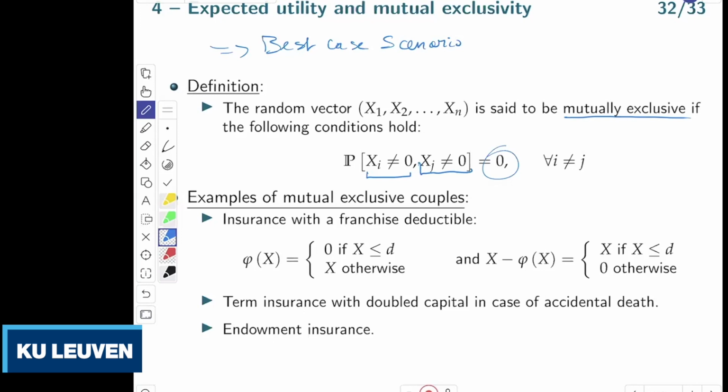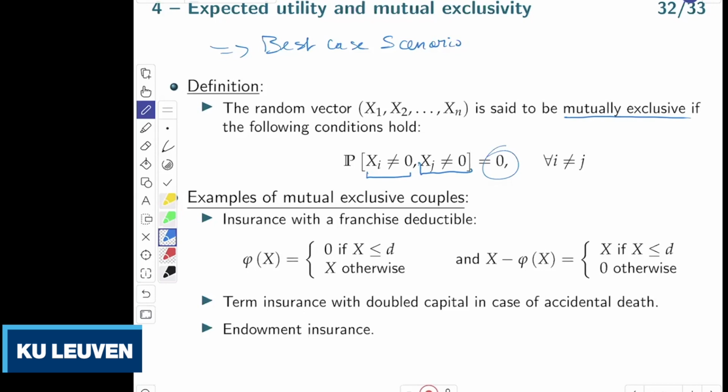And later in this course, we will talk about comonotonicity, which is exactly modeling this worst case scenario. And why do we focus a lot on comonotonicity, a whole chapter on comonotonicity and only one slide, no, 2 slides maybe, on mutual exclusivity?